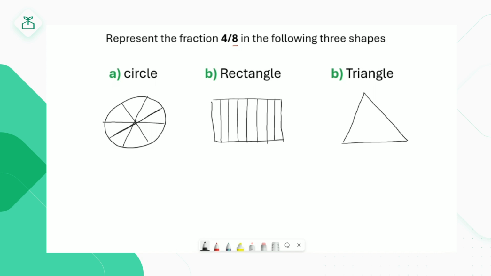Alright, do the same for the triangle. We'll try and break this up again. Does that work? Still need 2 more, so we'll draw a line here.